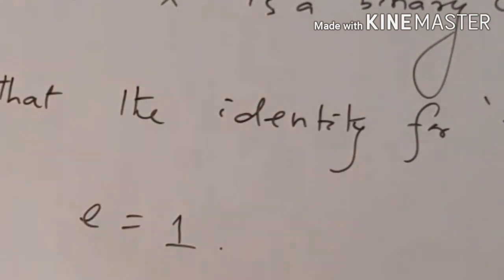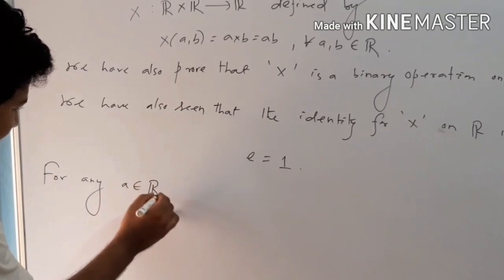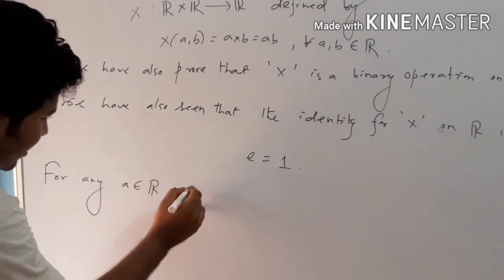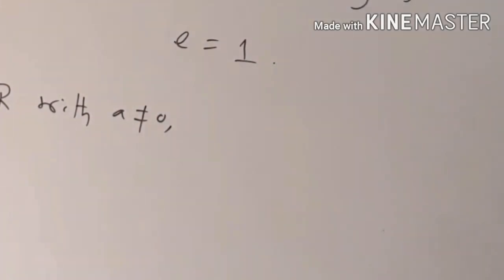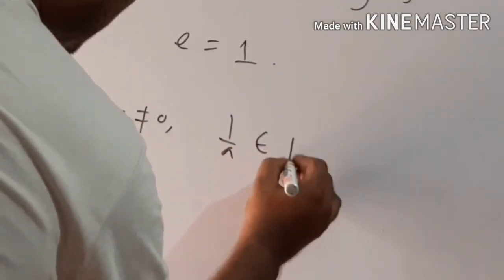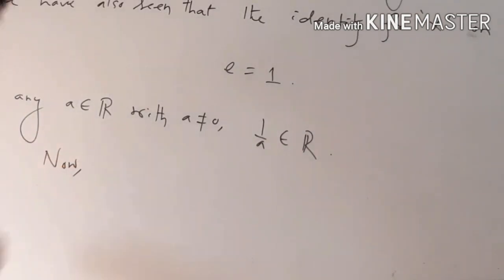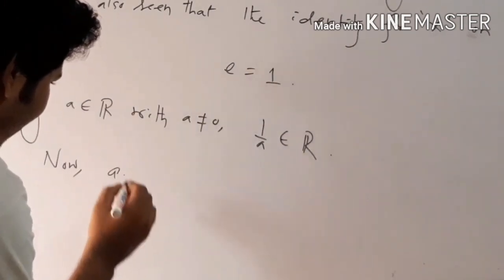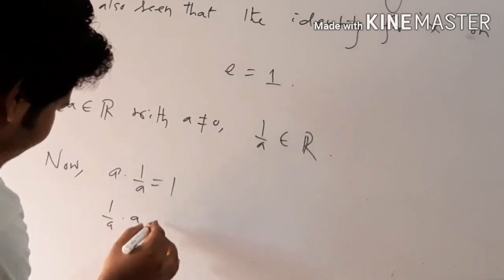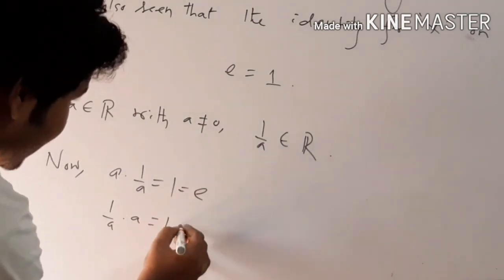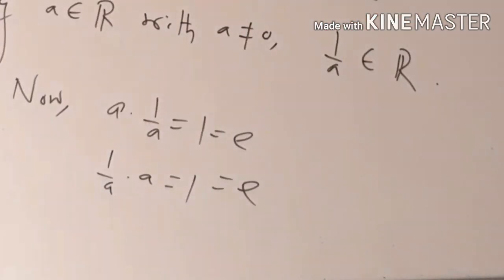So for any A belongs to R with A not equal to 0, 1 by A exists and belongs to R. So now A into 1 by A equal to 1, and 1 by A into A equal to 1, and this is equal to E here, because this is my identity element for multiplication operation.